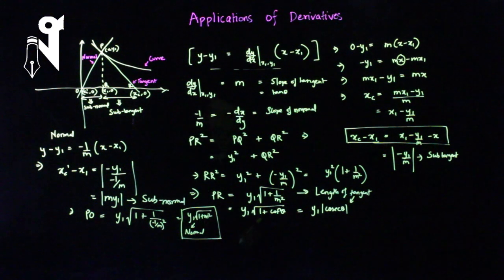Now m I can again write as tan theta, so I have 1 plus tan square theta under the root sign, which is secant square theta. So this is nothing but y1 secant theta modulus.